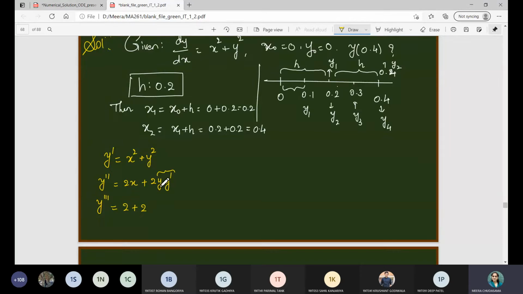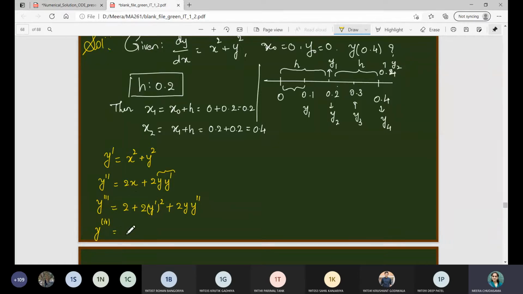So 2 times the derivative of y, that is y', gives y' square, plus 2y as it is, and the derivative of y', that is y''. This will be the third order derivative.